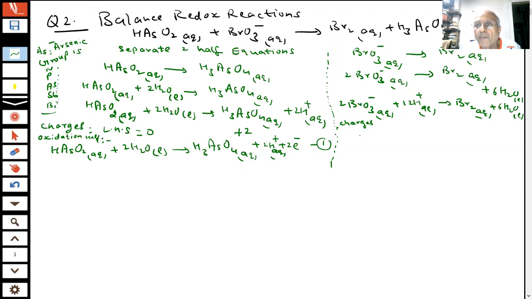There are -2, and then plus 12. That means there are 10 charges. What do you mean by 10 plus? 10 plus charge on the left and 0 on the right. So which is electron deficient? Right side. How many electrons? So you will add 10 electrons in the left side.